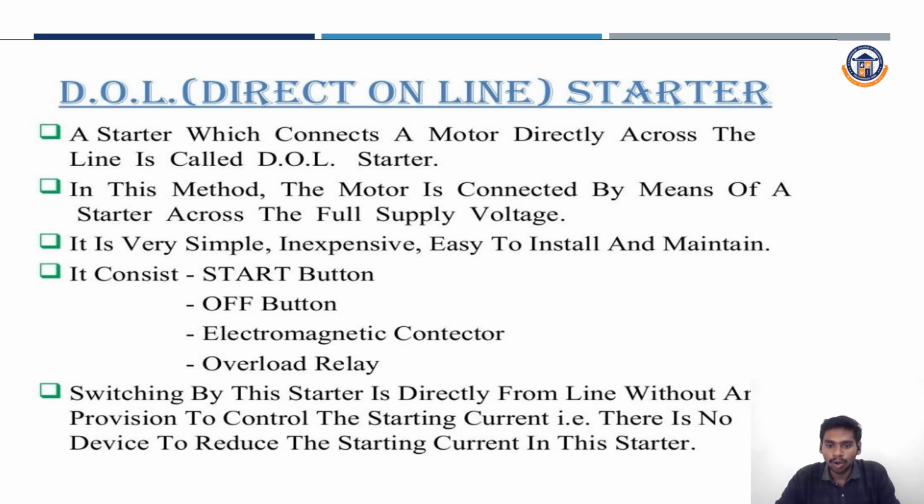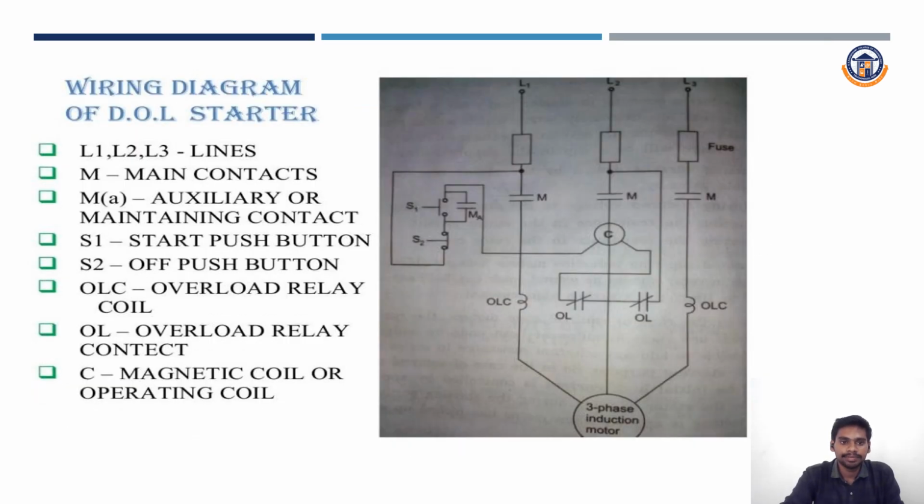That means no NVR is available in this DOL starter. This is a wiring diagram of the DOL starter. That is line 1, line 2, line 3, that means three-phase supply. M is represented as a main contact. A three-phase supply has three main contacts M1, M2, M3.